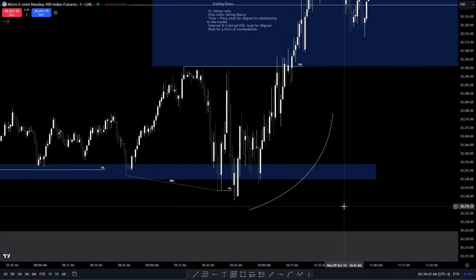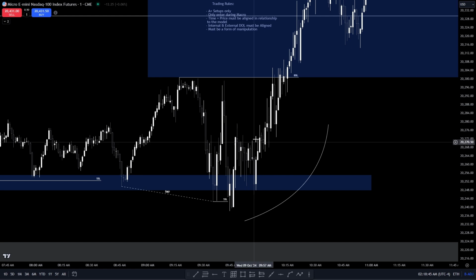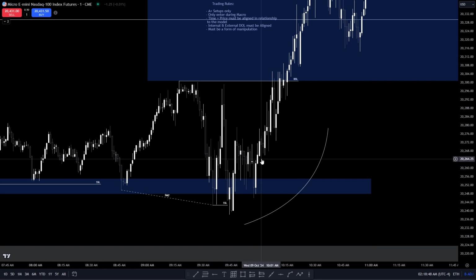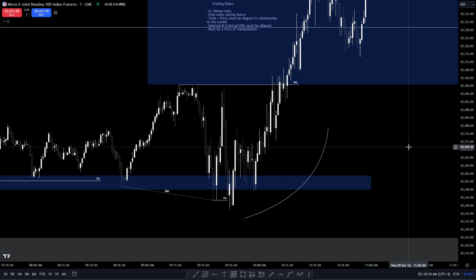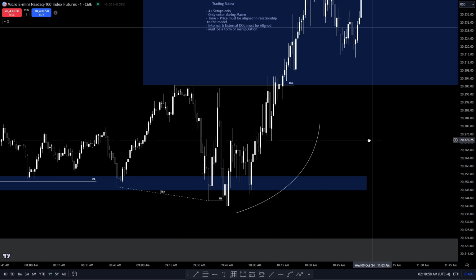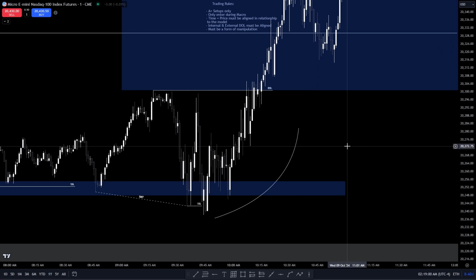So it's all lining up. Manipulation, sell side swept, boom, displacement. In a macro, everything aligns. Everything aligned, and I was so confident. And those are the type of trades that you want to take as a trader. So let's go ahead and show you guys the next trade.